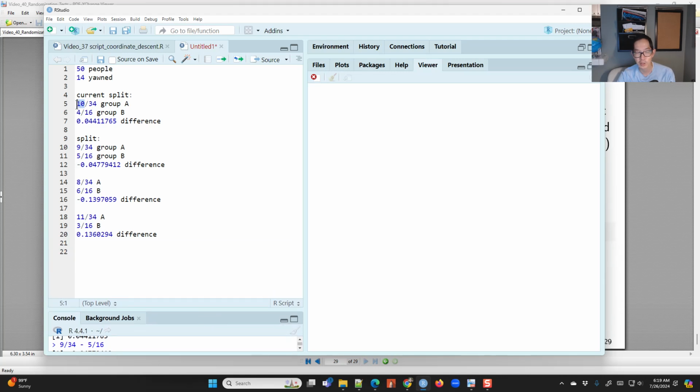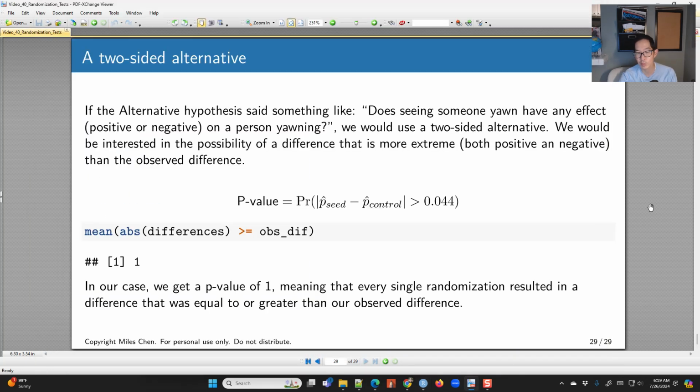The closest you can get in proportions is 10 out of 34 versus 4 out of 16 for a difference of 0.044, okay? You do any other kind of arrangement of individuals, you're going to get a difference of proportions that's slightly bigger than 0.044, okay? Or maybe a lot bigger than 0.044. It is literally impossible to get a difference between proportions that is less than 0.044.